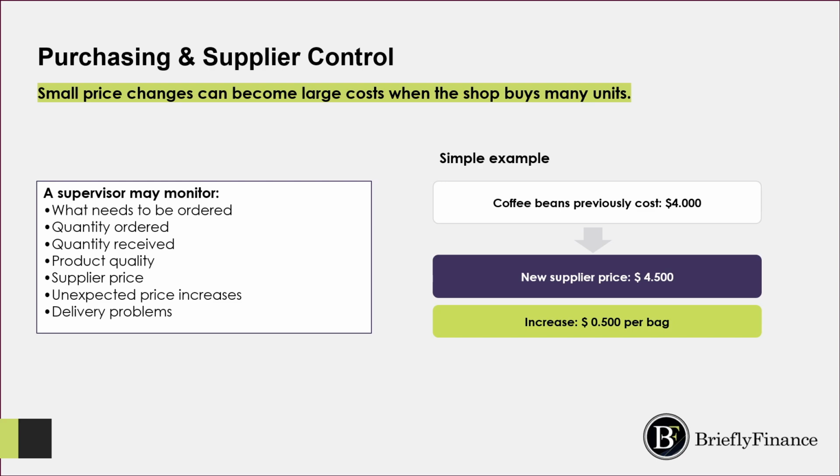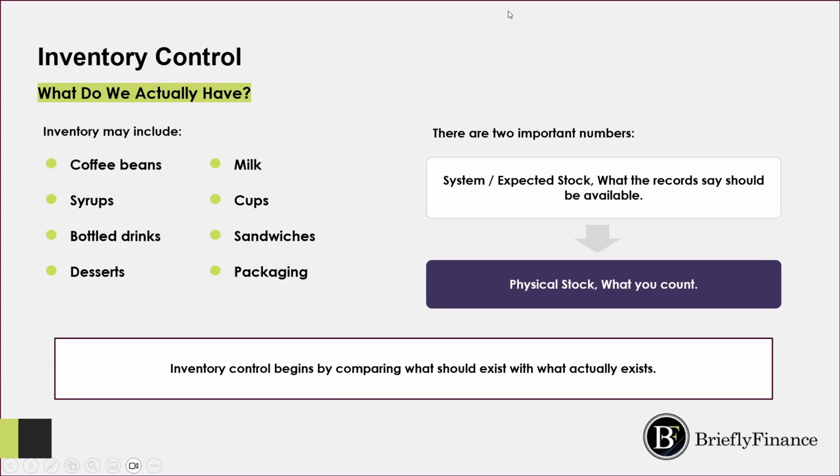If you notice that the price has increased, so let's say it was previously $4 per small bag of coffee beans, for example, and then the new supply is 4.5. So this increase per bag can add up going forward.